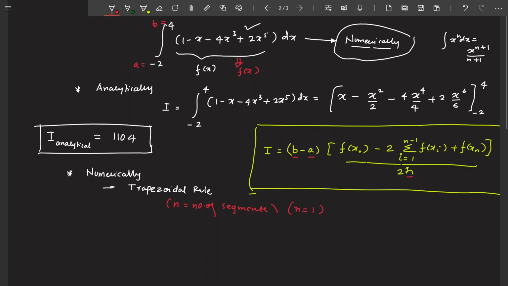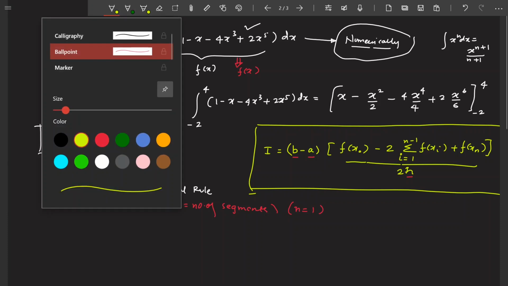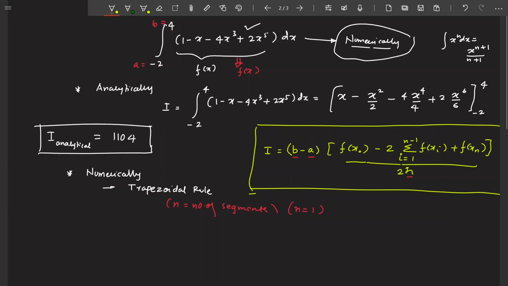Now in addition to this, I think in the previous lecture I have also discussed the formula of h. h is the step size, b minus a divided by n.